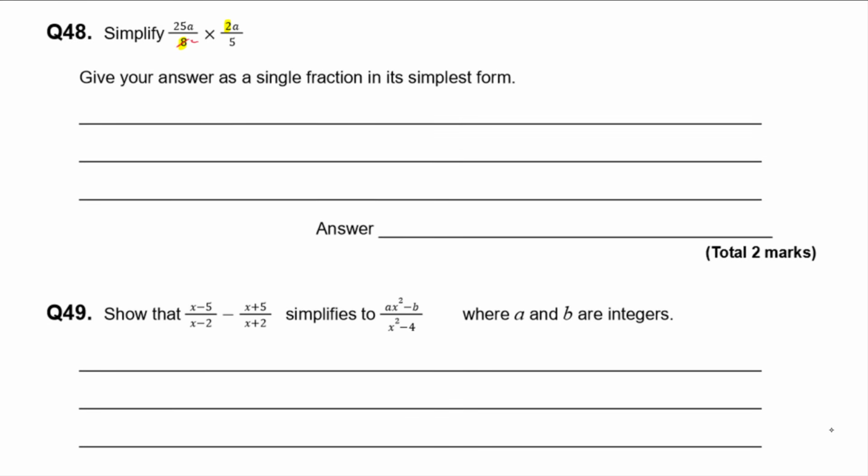So I can make that 4, and that one cancels. And also I've got a 25 and a 5 there. So if I cancel the 5 into the 25, that gives me 5 and 1. So then multiplying through, 5 times a, that's 5a, and 4 times 1 is 4. So that's my answer. It's 5a over 4.